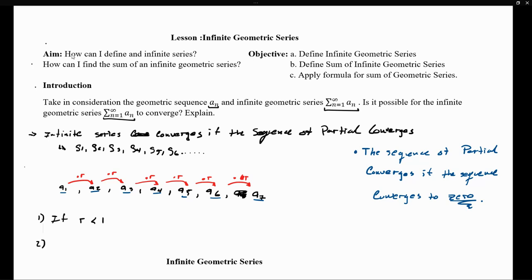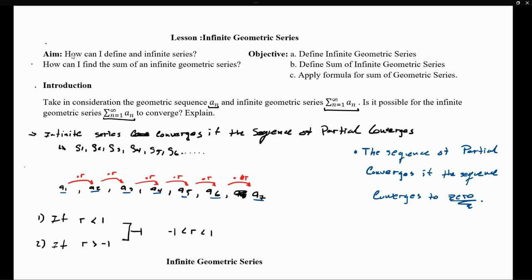And also, we could have another situation if r is greater than -1. So, in other words, r is bounded between -1 and 1. And this is the only way where a geometric sequence or a geometric series will converge.